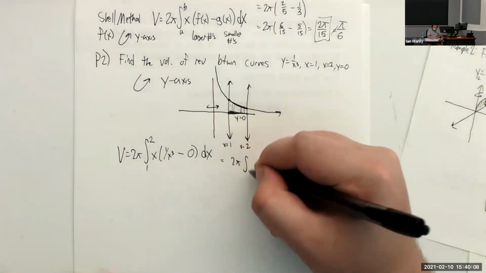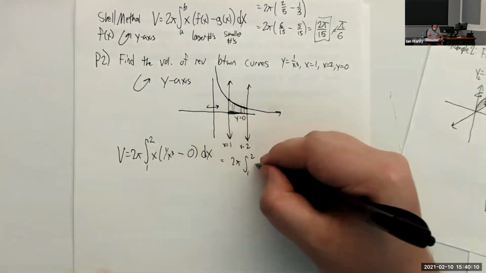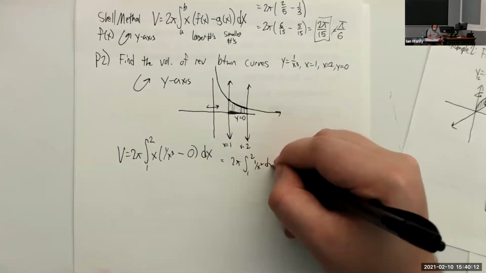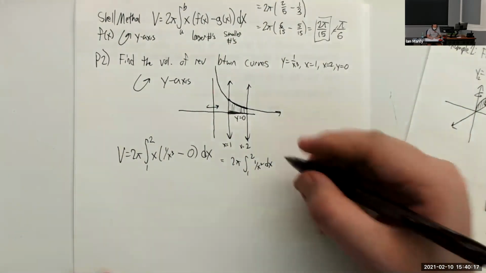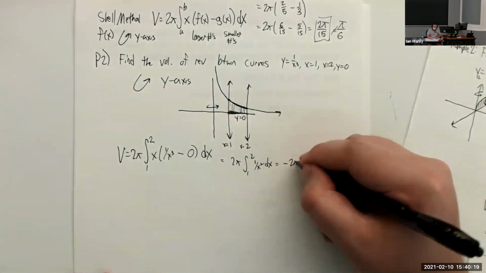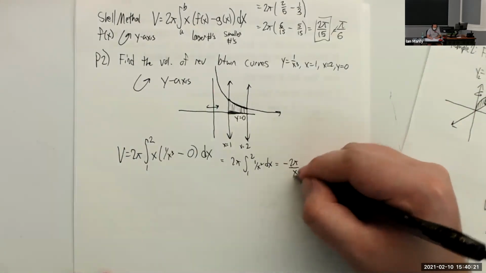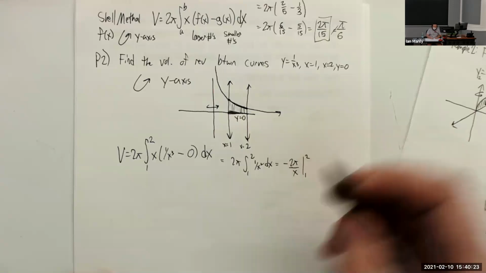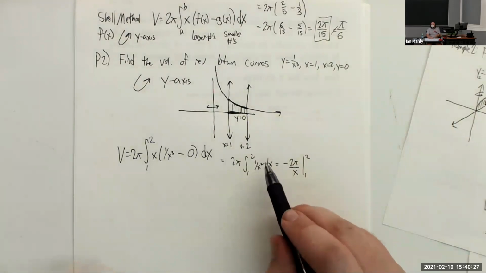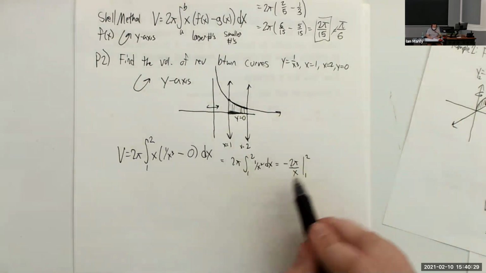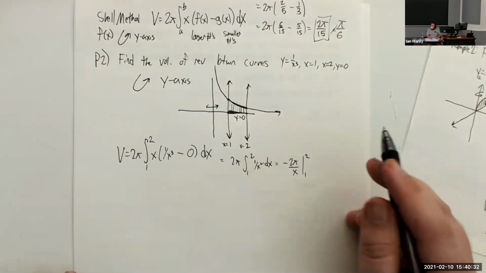Now, the nice thing about this is it simplifies well. This is going to simplify to 1 over x squared. And then I do the power rule to integrate this. So I have negative 2 pi over x for this, because I raised this power by 1, from negative 2 to negative 1, and then I divided by negative 1, giving me this negative sign right here.